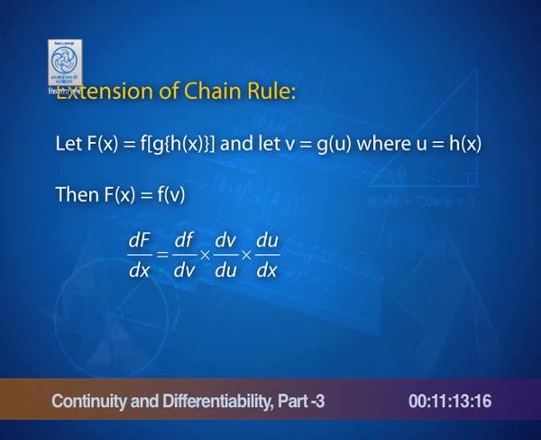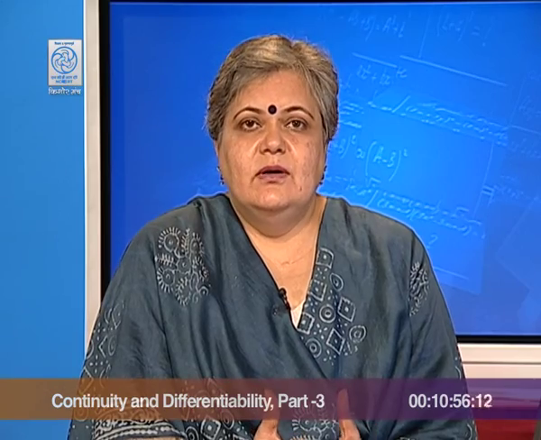Then what will be the derivative of F with respect to x? Extend the chain rule. It gives the derivative of f with respect to v, into the derivative of v with respect to u, because v is a function of u, into the derivative of u with respect to x. This chain can be continued depending on the number of functions involved in the composition.